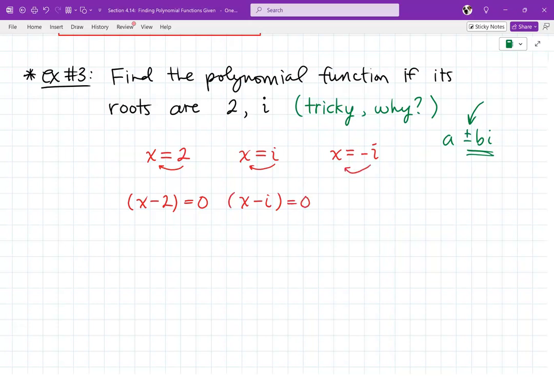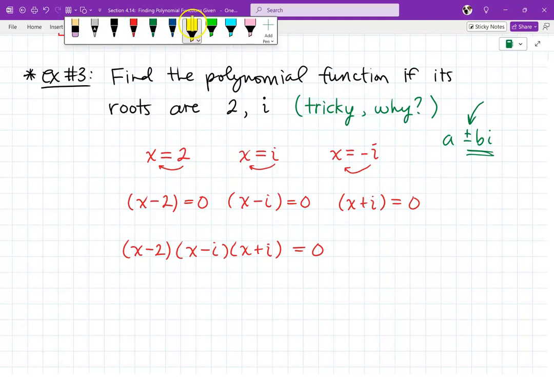And this last one becomes x plus i equals 0. What you're supposed to do next is get all those factors and put them together. So (x minus 2)(x minus i)(x plus i) equals 0.